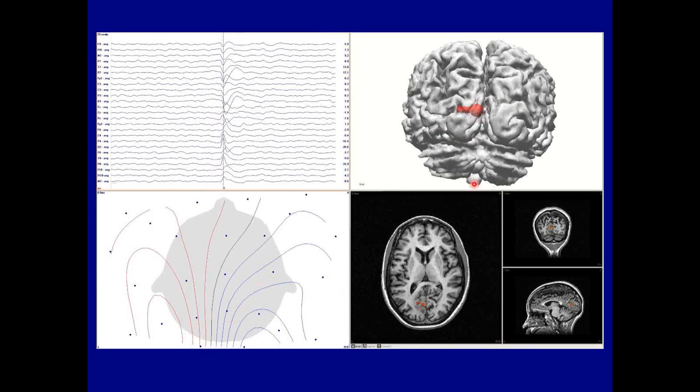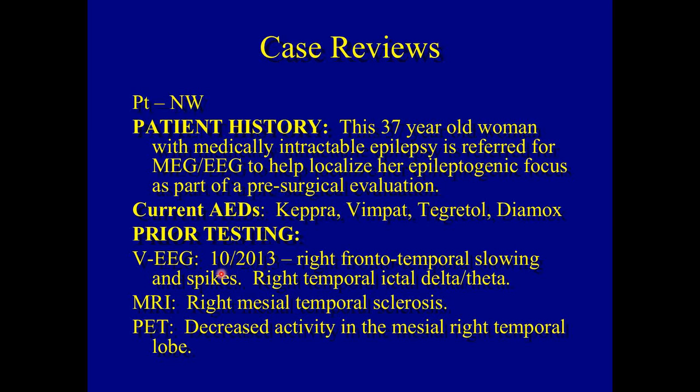EEG source model showed basically the same thing. So this is an example of false lateralization. If you're paying attention to the negative maxima, you pick the wrong side. So analysis of the field, either EEG or MEG, is very important.